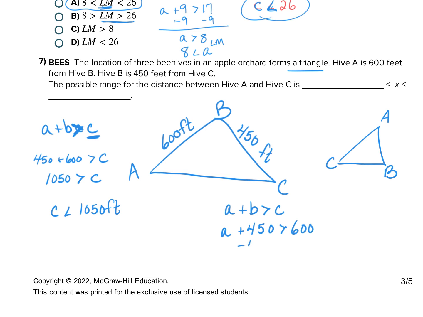So I'm going to subtract 450 to solve for A. So the shortest side would have to be, borrow 6, I get 5, so 150 feet. So 600 minus 450.